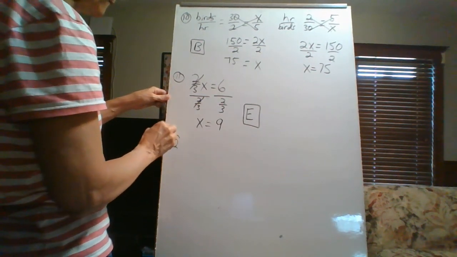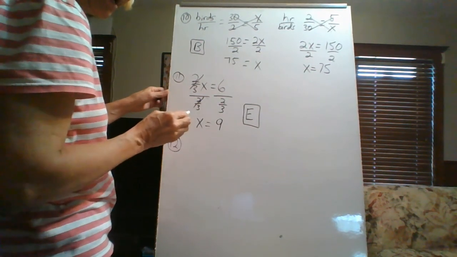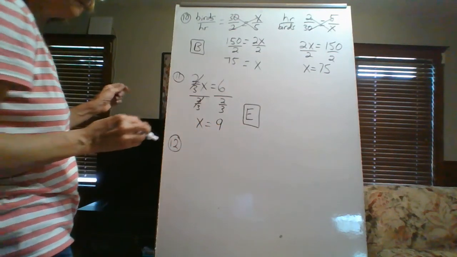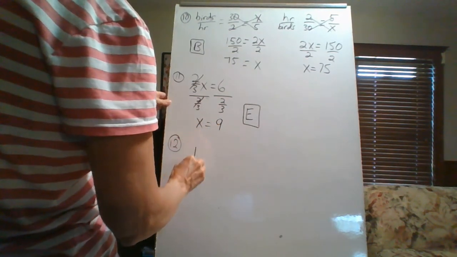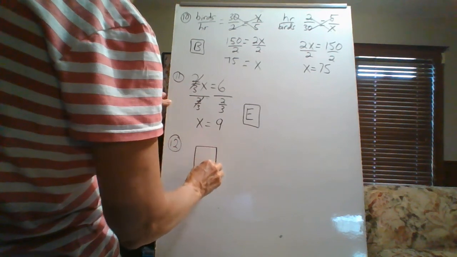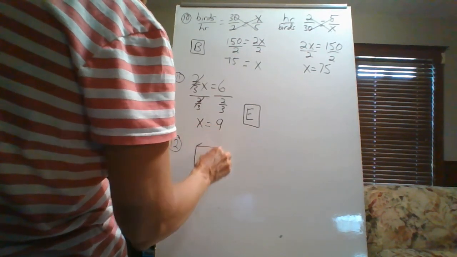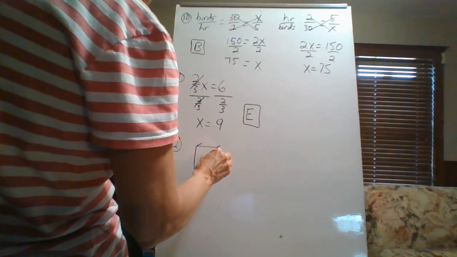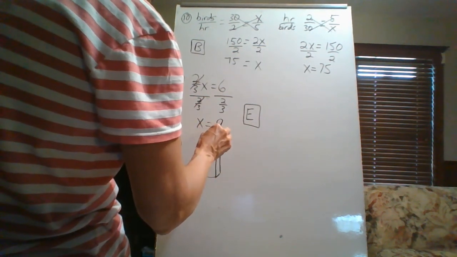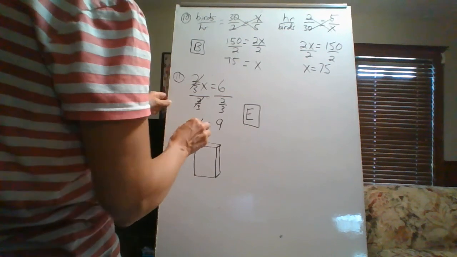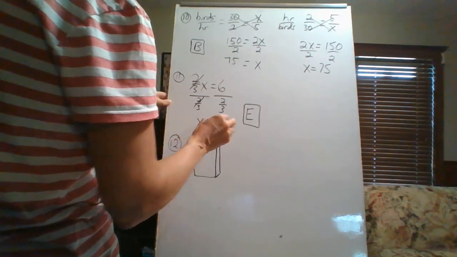Alrighty. Number 12. A box of pancake mix measures, let me sketch it out a smidge. All right, here's my box of pancake mix. Not great, but there we go.